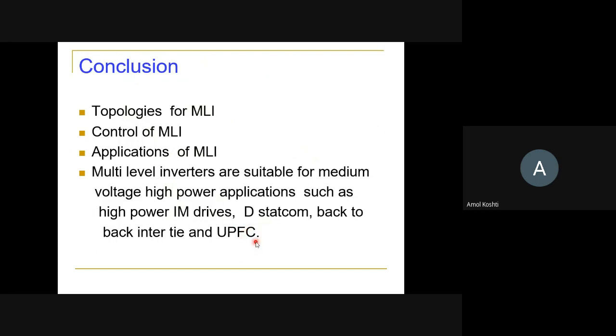Okay. So the application range is very wide. We have included only a few applications to understand where multi-level inverters are used. So this is about the topic multi-level inverters. We have finished this topic here.